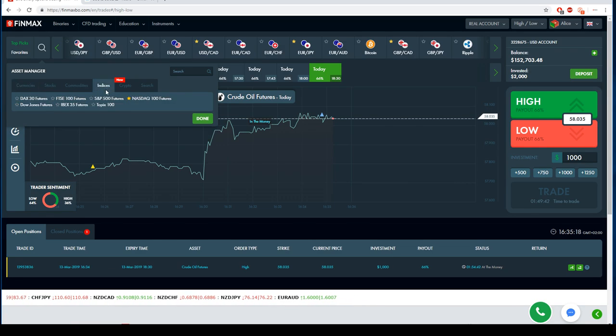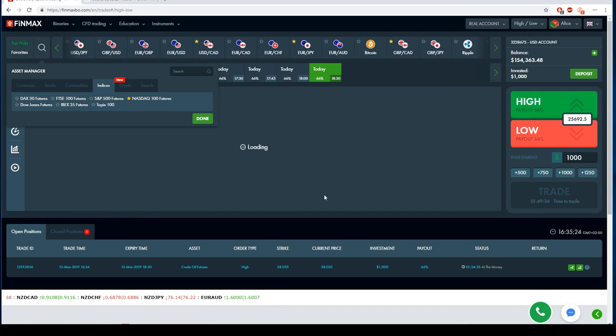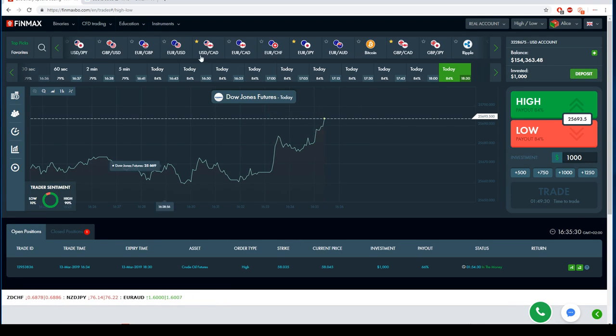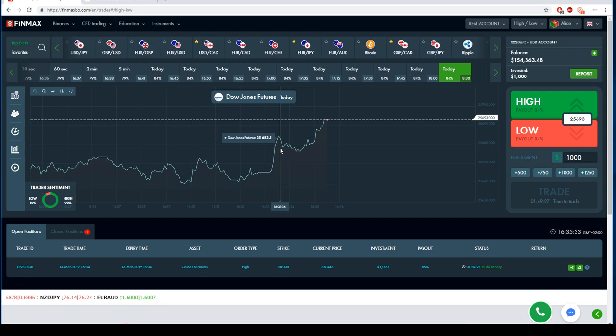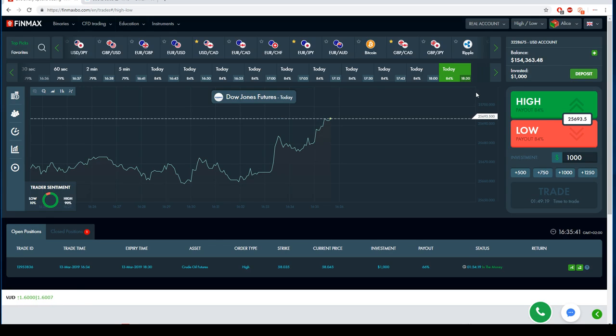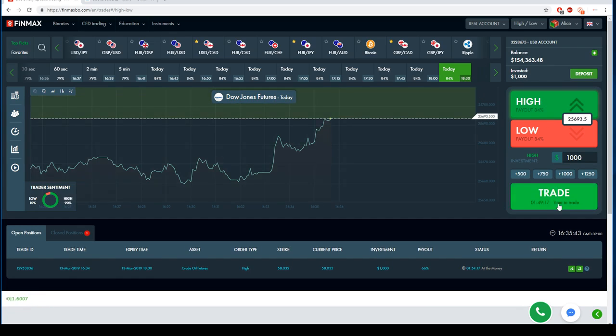Together with that, our index Dow Jones also went down. But in recent days, as we see today after the market opening, Boeing and Dow Jones are moving up. So I'm going to place a position also for Dow Jones, as it includes Boeing, for a high.